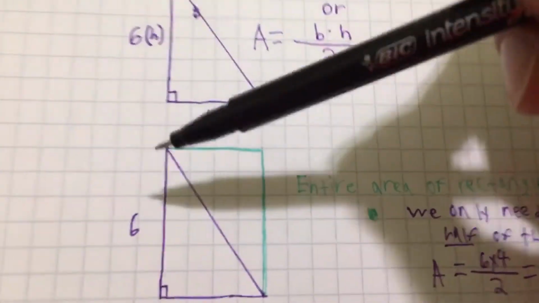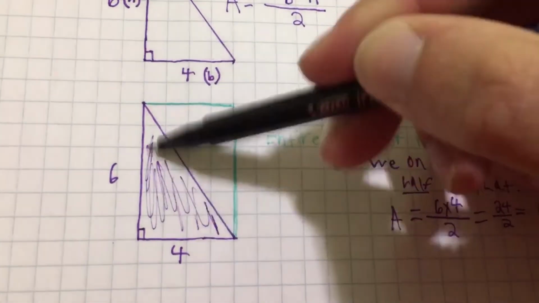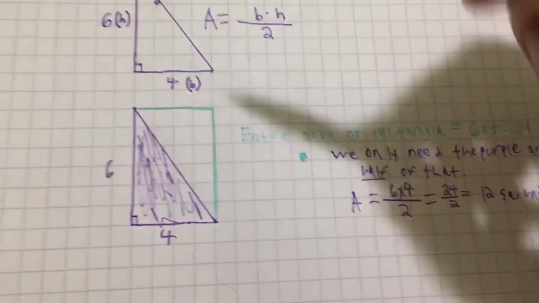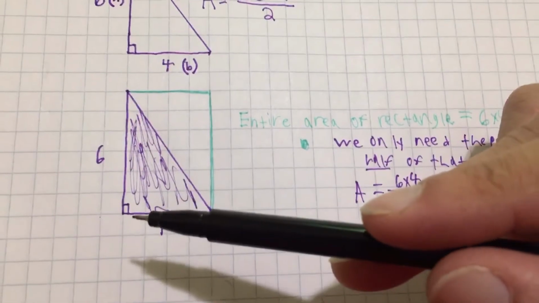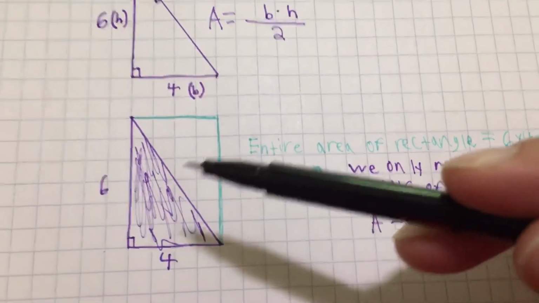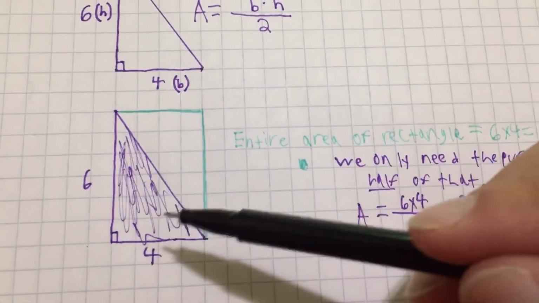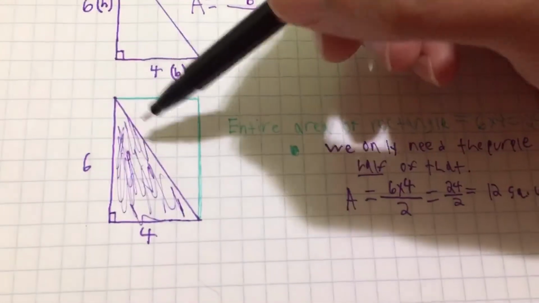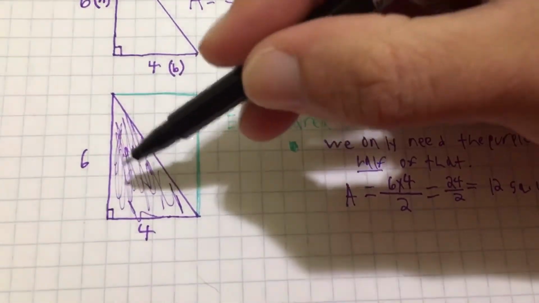But remember, we are trying to find the area of the triangle. And since we took the exact same image, reflected it, we made a rectangle that was 2 times the size of this, then we now need to get half of this, which is easily visible right here. It's easy to see this is half of this entire rectangle.